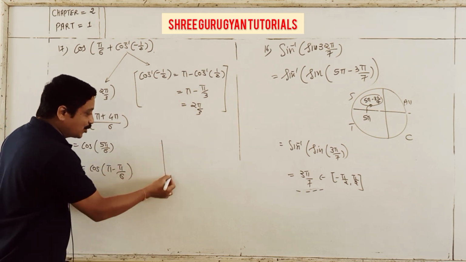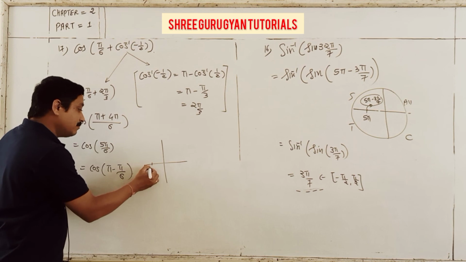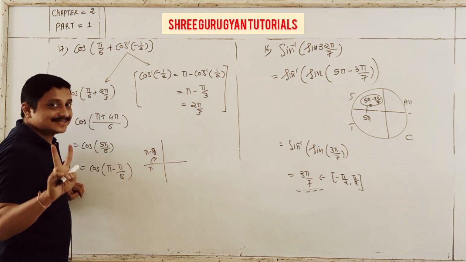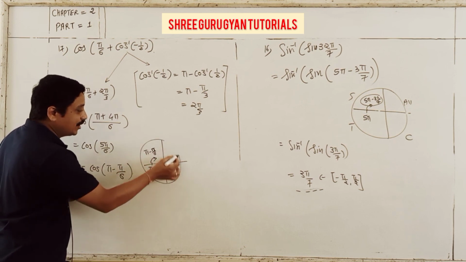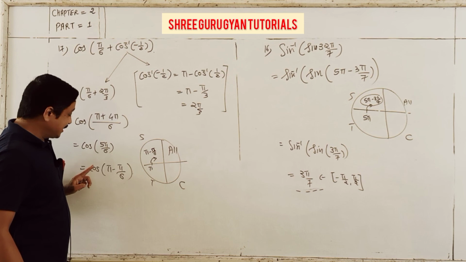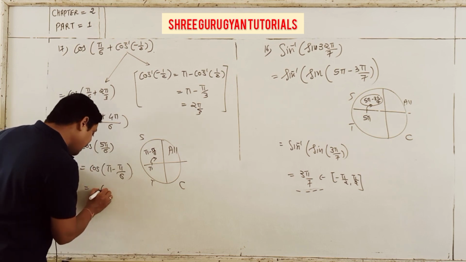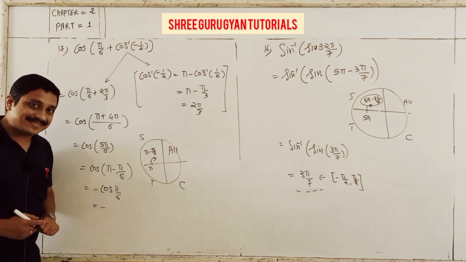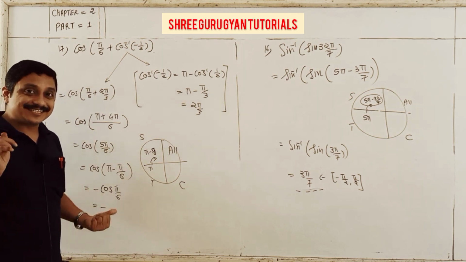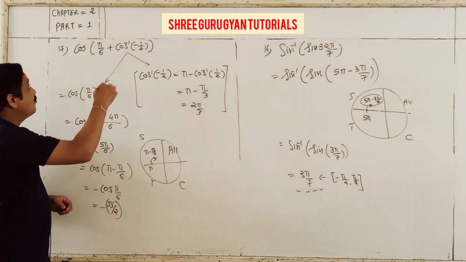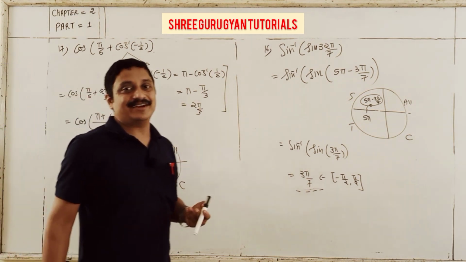Again you draw pi minus, means this one, and the quadrant is second, and in the second quadrant you have to go all STC wise. In the second quadrant the cos function is negative, and negative cos pi by 6 will be cos 30, yes, root 3 by 2. And that's your final answer here, students. 17 done.